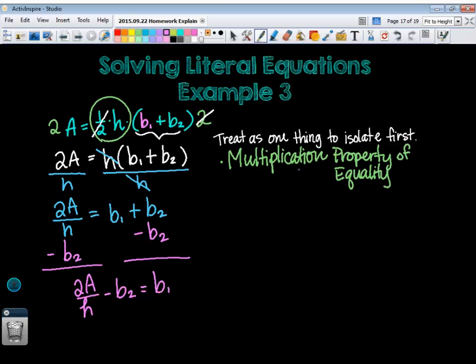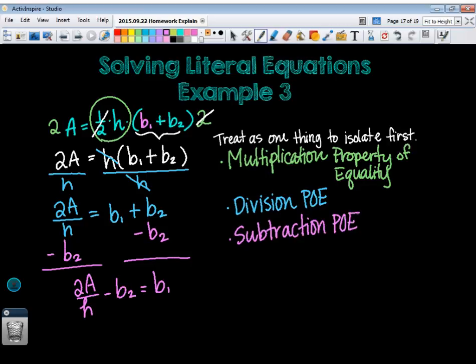So we use the multiplication property of equality in the first step. We used the division property of equality in the second step, and we used the subtraction property of equality in the final step of isolating b1.